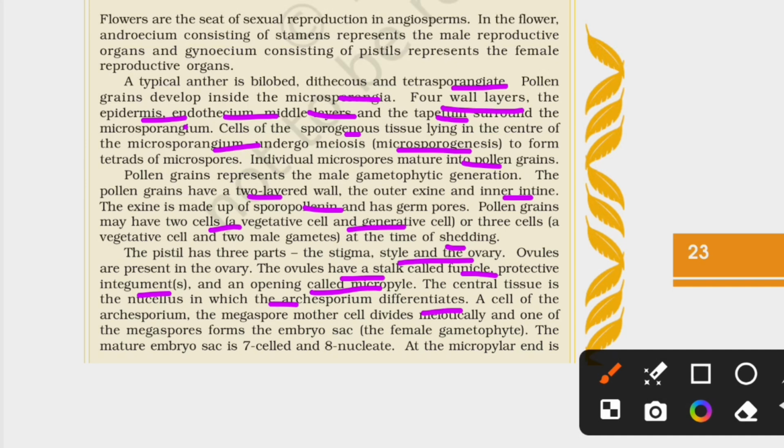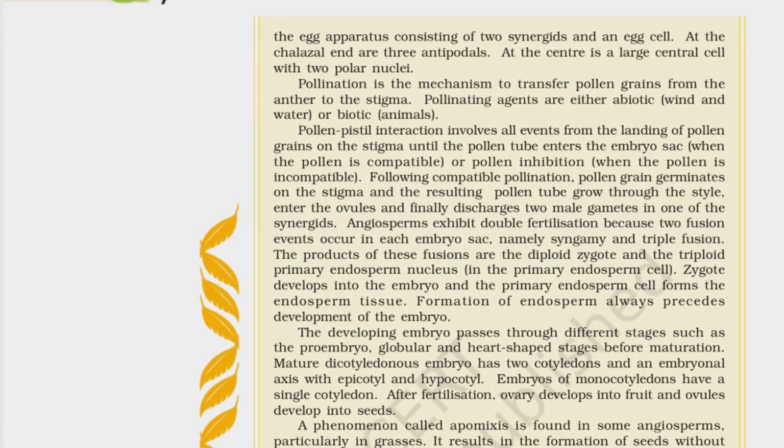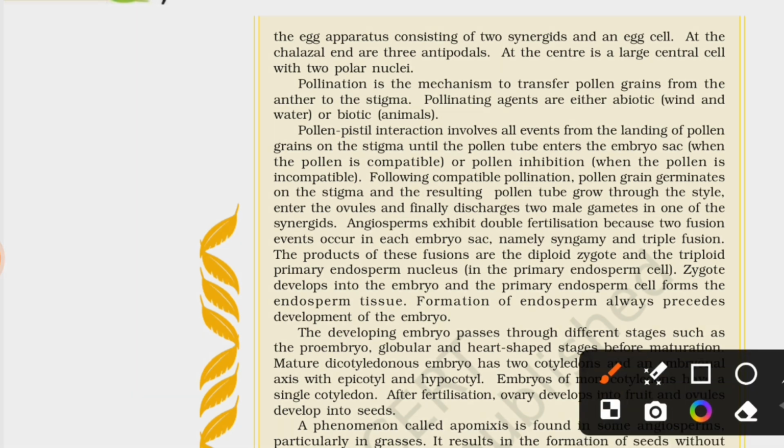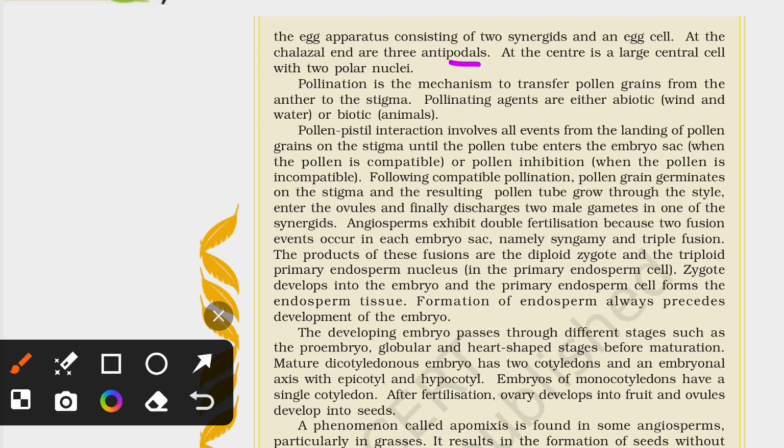The female gametophyte, the mature embryo sac, is 7-celled and 8-nucleate. At the micropylar end is the egg apparatus consisting of two synergids and an egg cell. At the chalazal end are three antipodals, and at the center is a large central cell with two polar nuclei.